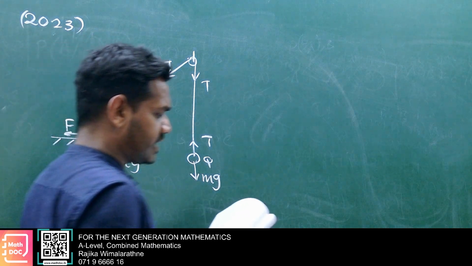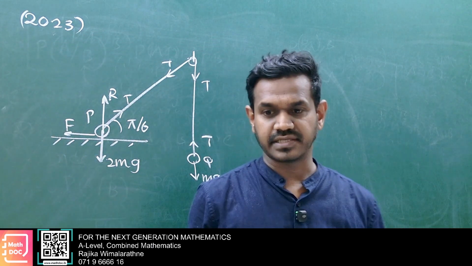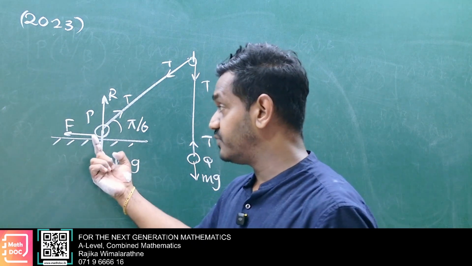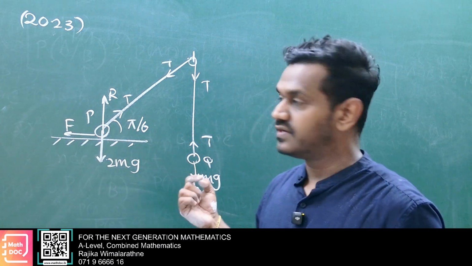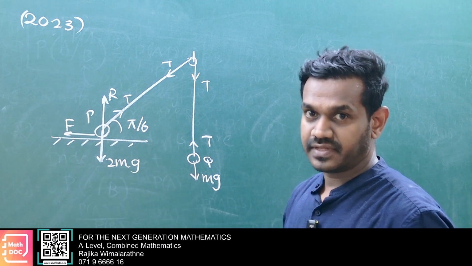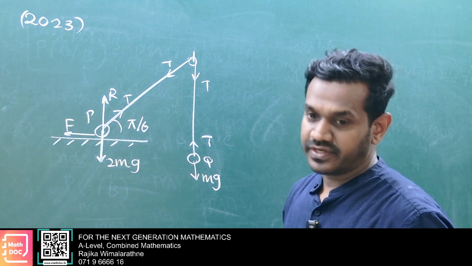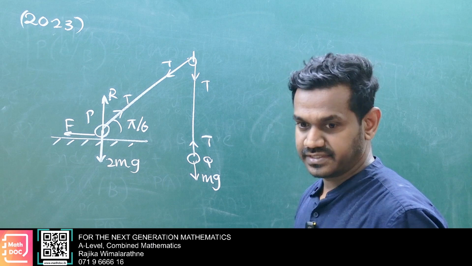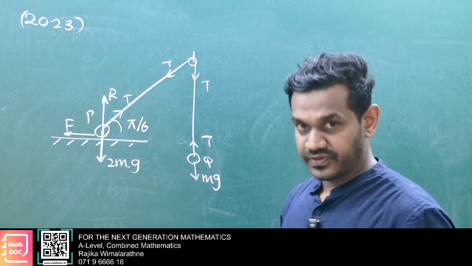So according to this diagram, definitely Q has moving tendency downward, therefore P moving tendency right side. No? Then friction definitely positive value, that way, that direction. Then no need to put modulus here. For inequality, no need to put modulus because the direction fixed.